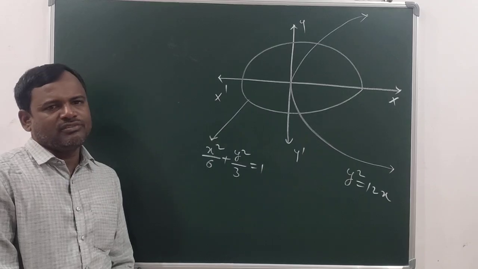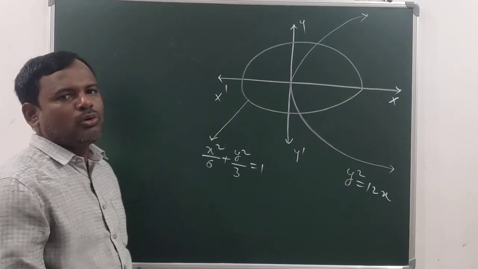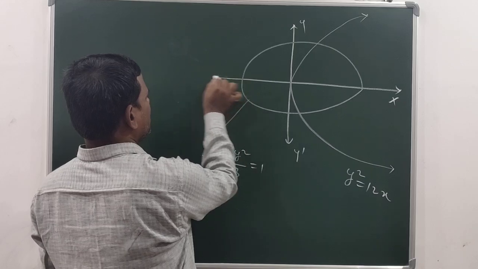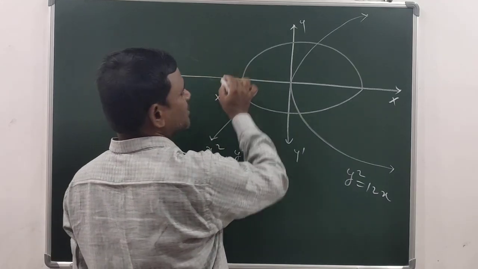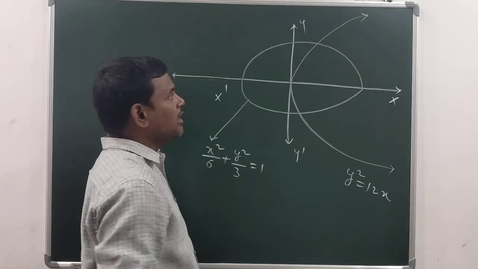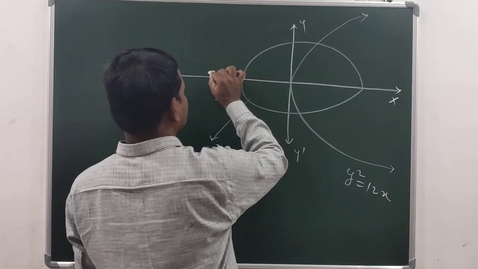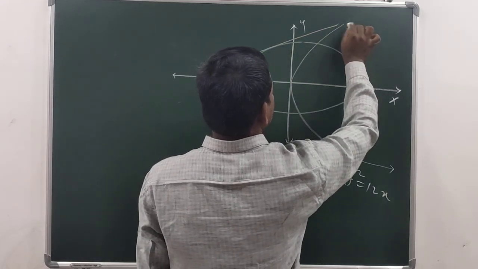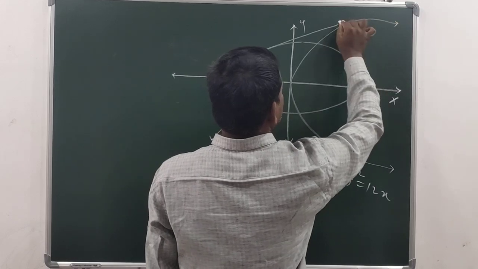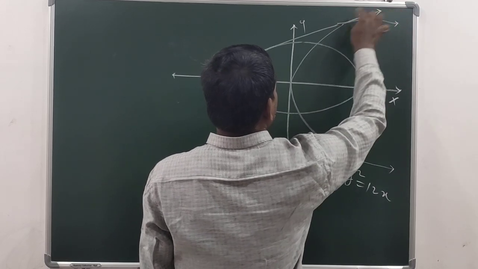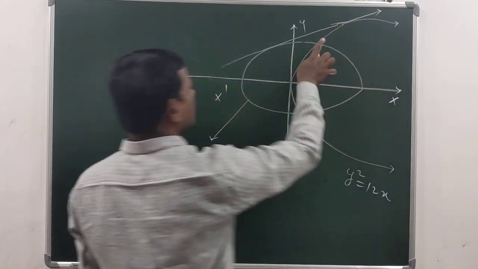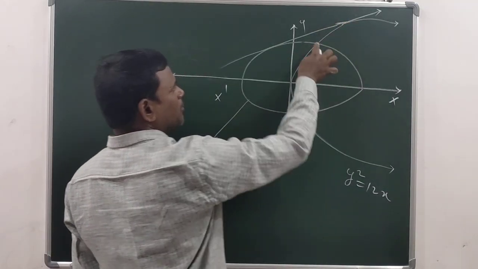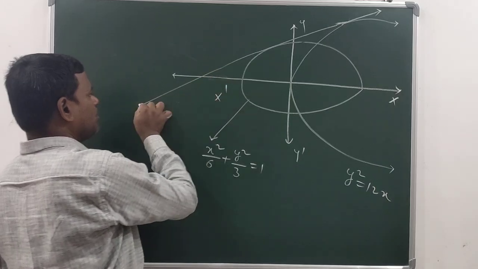For these two curves, two common tangents are drawn. Let us name one tangent as T1. So this is the common tangent drawn to both curves, the parabola as well as the ellipse, and it is going like this.